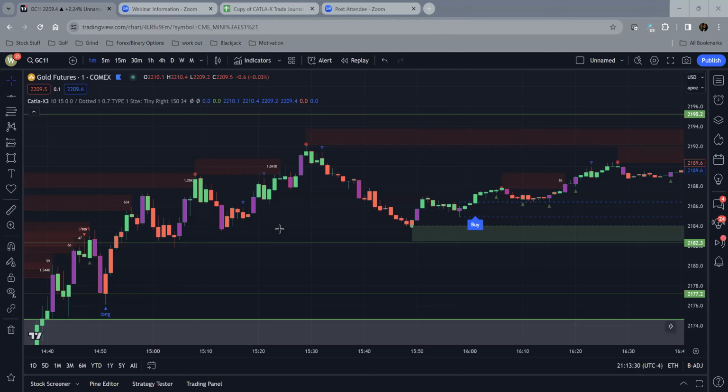Okay, so the one with the two blue lines, that's the X3. Yep, the two blue lines, that's the X3. Okay, and the MMA on the chart, what does that one look like? It'll have some pink signals, but we're only going to be using the Cadillac X3 in the trade room, and that's the only thing that I'm going to be posting about, this one here, the Cadillac X3.